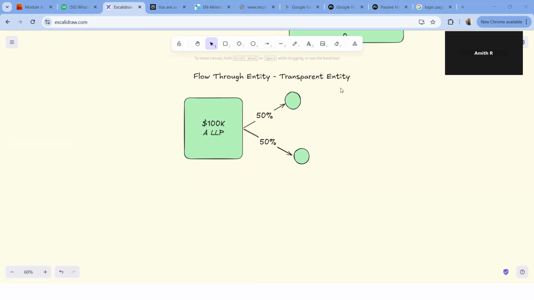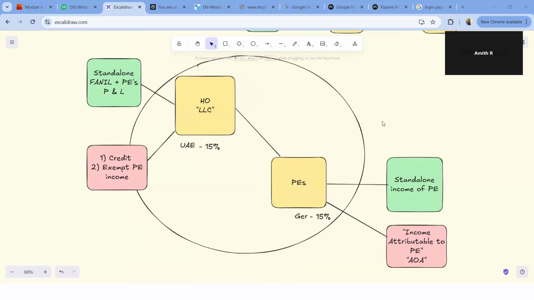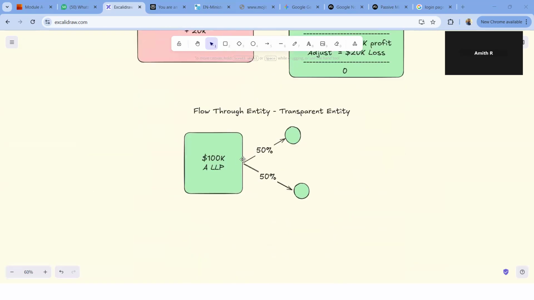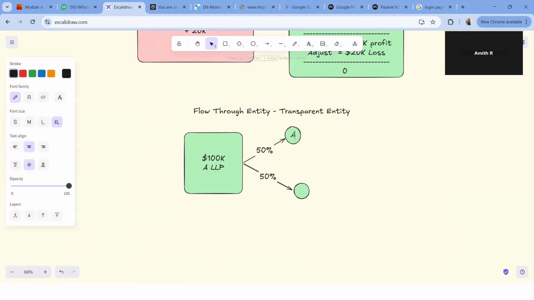Again, a flow through entity also has a problem. The same problem that we see in PEs: who will actually pay? If I have 15% globe income also, should I pay the globe income? Again, since I am a flow through entity, it would be paid by these two. Who will pay? Same transparency applies to me for globe also. So I will not put in a globe return, and these guys will.